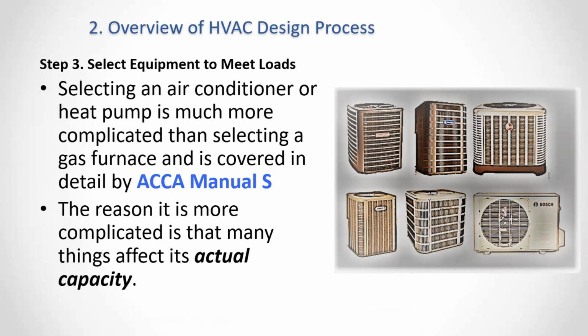For air conditioning and heat pumps, the capacity of the equipment is very dependent upon the outside conditions. So you have to spend more time selecting your equipment, but how can you do that if you don't do your load calculations? Manual S has oversizing and undersizing requirements that vary by whether it is variable speed equipment and all that other stuff. Next slide, please.